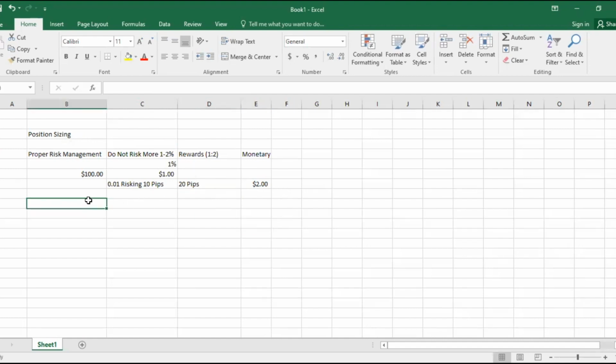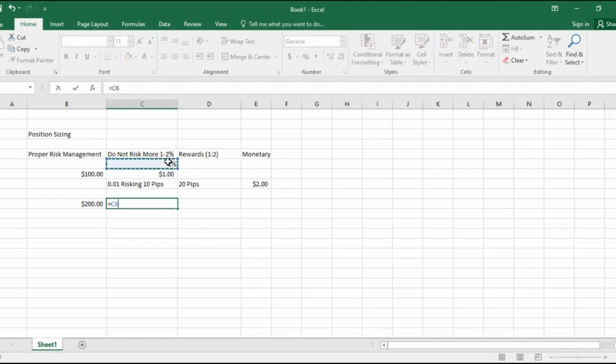Now, for instance, say you have a $200 account. When you're risking 1%, that will give you $2. So you'll be risking $2, and there are two options.